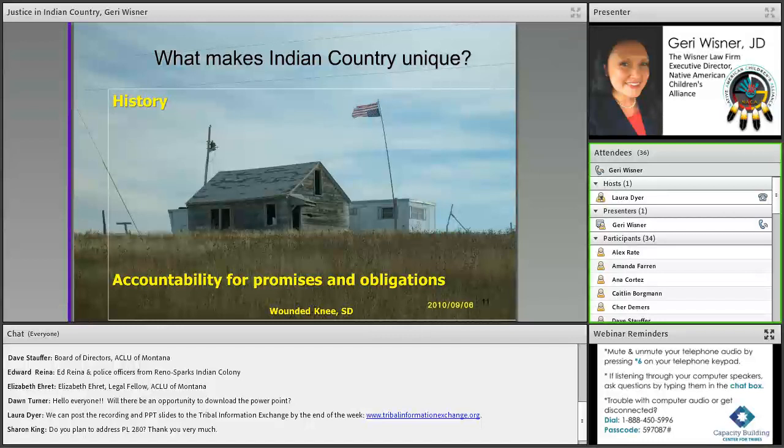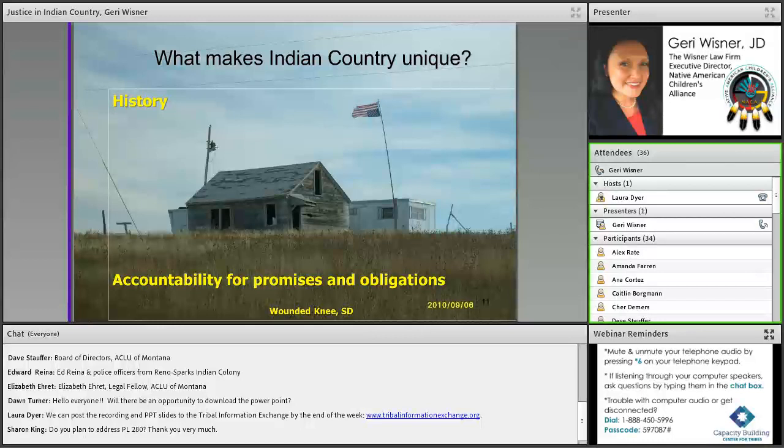Part of the Religious Act was to be able to have access to those lands. So again, accountability for promises and obligations often continues to be ignored or blatantly ignored.